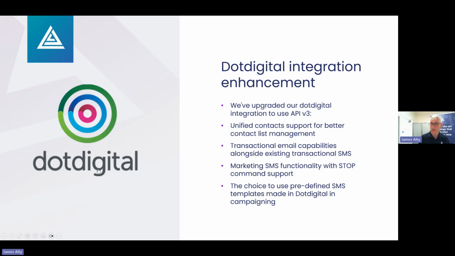We're working with Digital to help them roll that out and make it available to Apteco customers. So work is ongoing, I believe, with Digital, fleshing out what API version 3 can do for you, but we support it already.